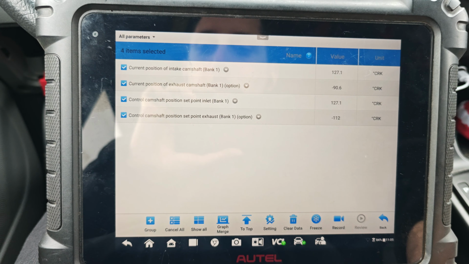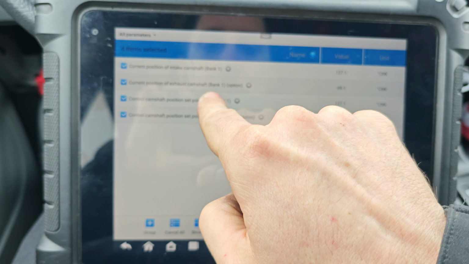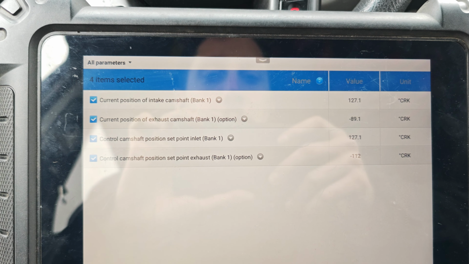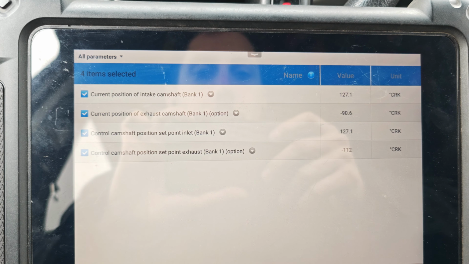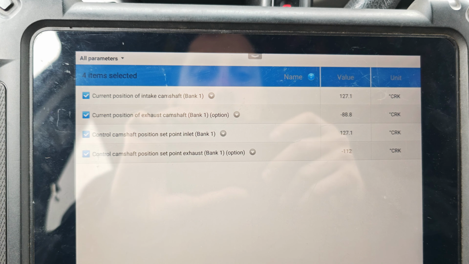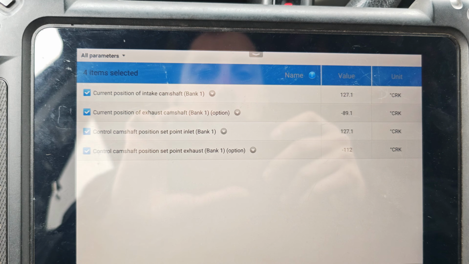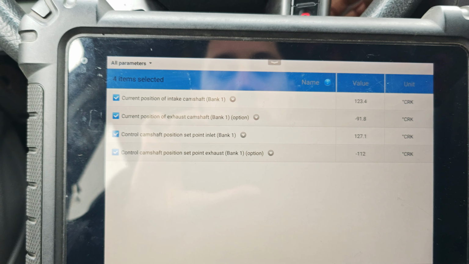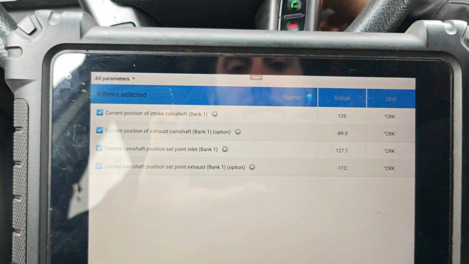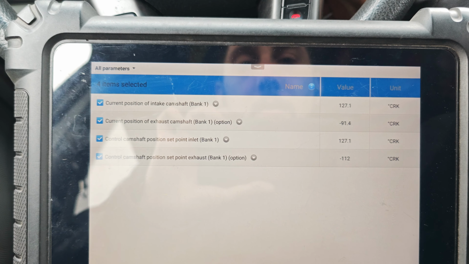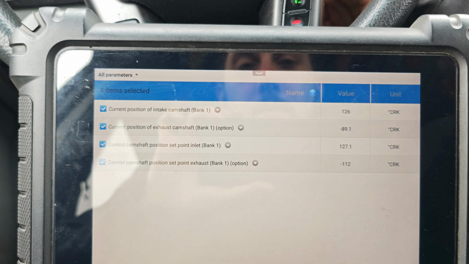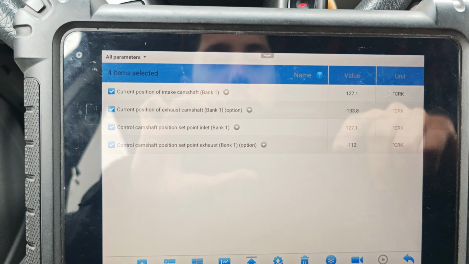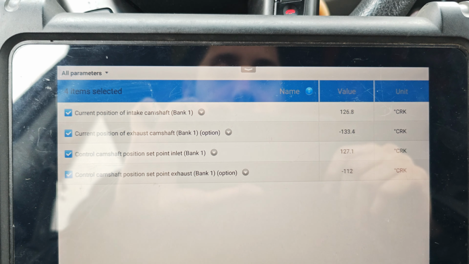Guys, I think our timing's off. Is it exhaust? Yeah. Look at that, our exhaust cam looks like it's off. Yeah, look at that, our exhaust is moving around.